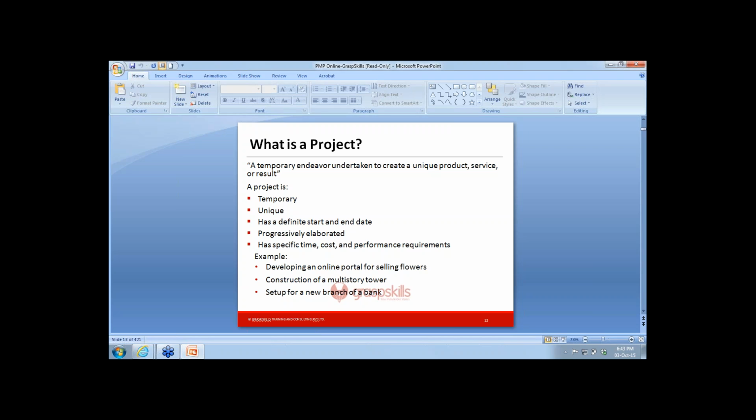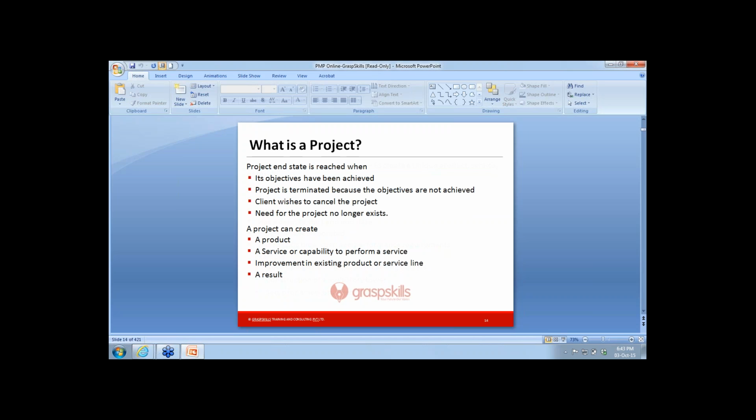Taking up a new example on a similar platform: setting up a new branch of a bank. You are a finance manager of a bank, let's say in Singapore, and the project handed over to you is setting up a new branch in Singapore. So your specific project outcome would be the branch which gets set up.